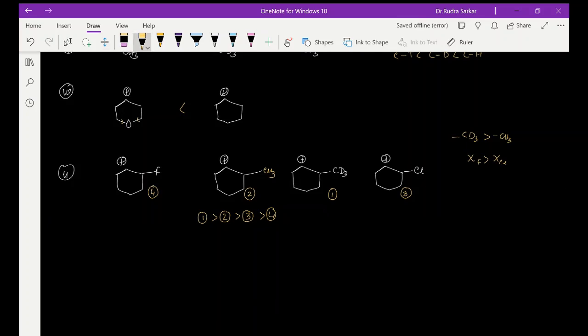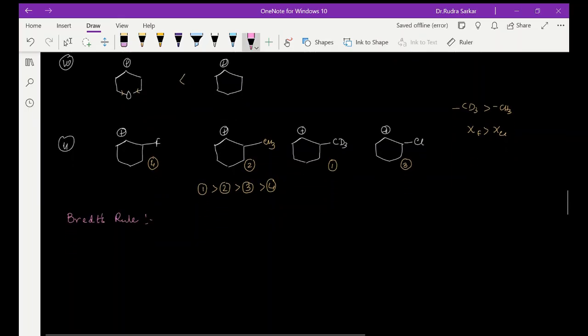Now out here we will study a specific rule which is applicable for bridgehead carbocations, and that is known as Bredt's rule. So, what is the rule?